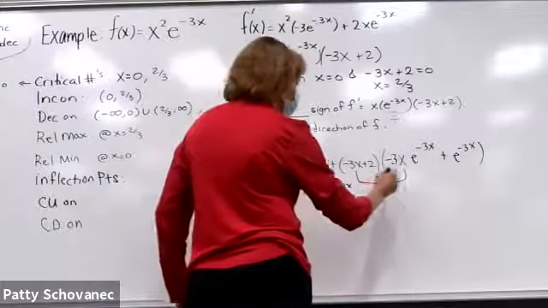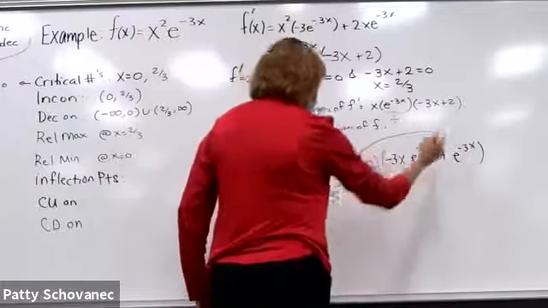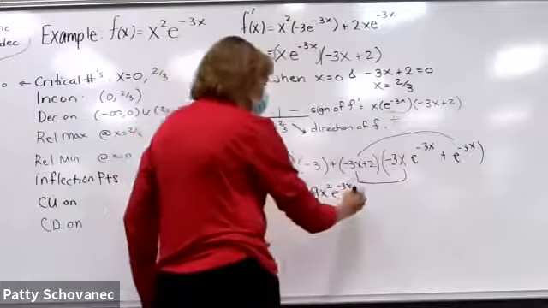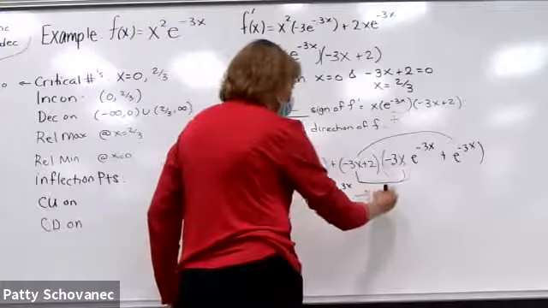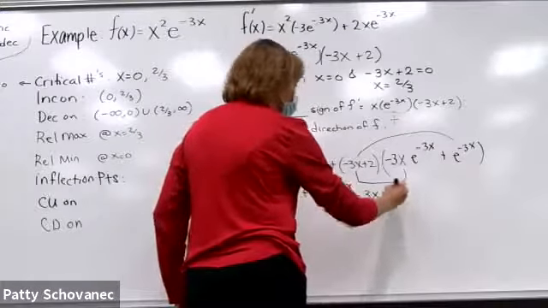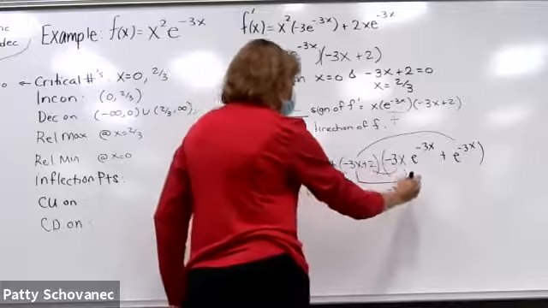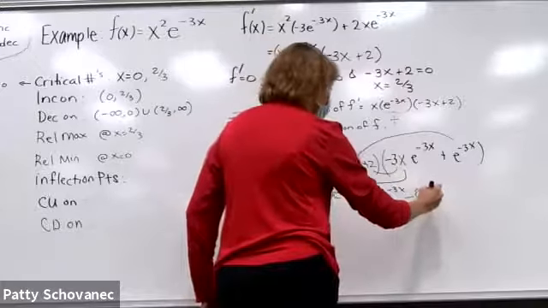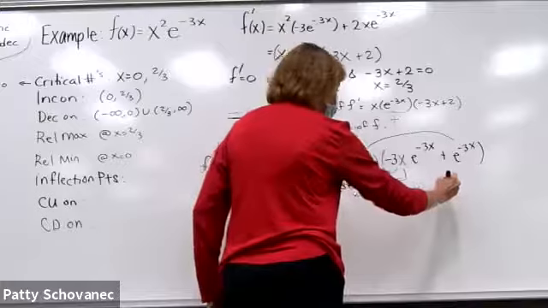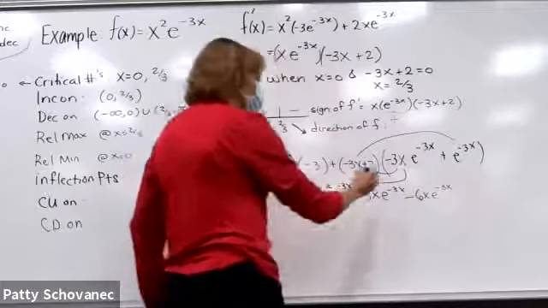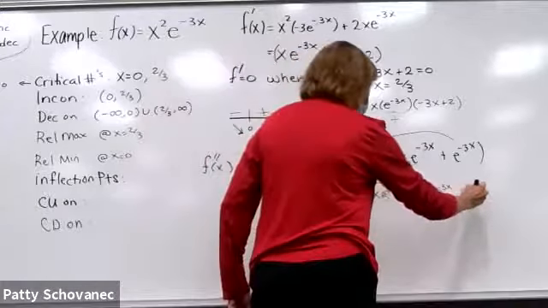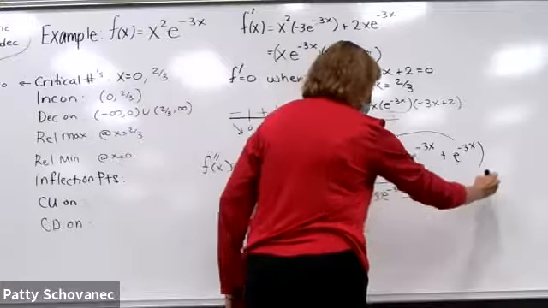The first times the last gives me minus 3x e to the -3x. Inside terms give me minus 6x e to the -3x. And finally, the two last terms give me plus 2 e to the -3x.